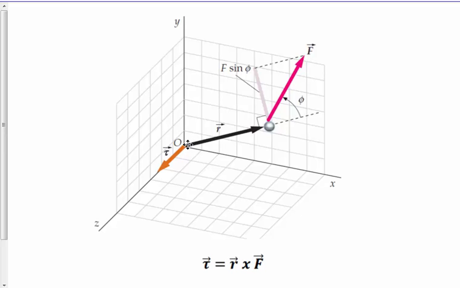So to do that, I would take this distance here, this R vector, and cross product it into F sine theta, because when I do the cross product, again, I can only do the cross product of perpendicular components. So R cross product F would be the same thing as multiplying R times F sine theta, and that would give you a vector quantity of torque along the z-axis.